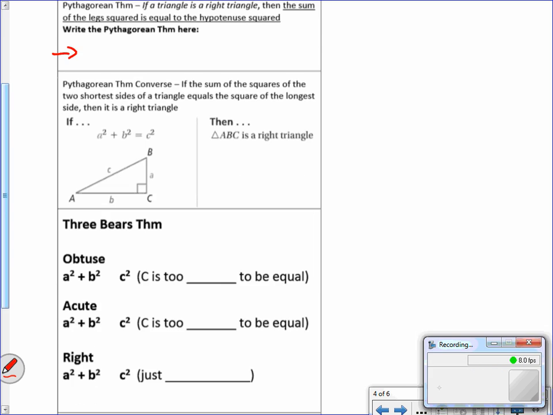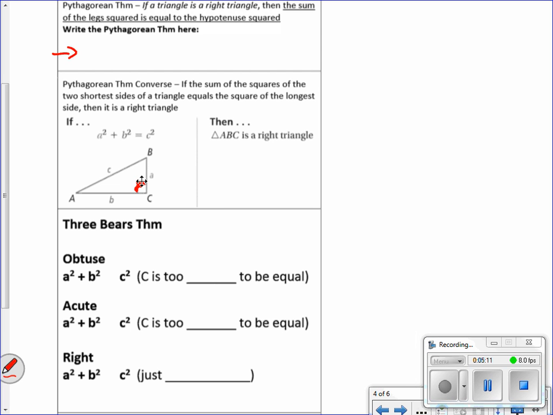Now this is the Pythagorean theorem converse. Converse means you take an if-then statement and you kind of reverse the order. So the Pythagorean theorem says, if the triangle is a right triangle, then it says something about its sides. In this converse, it says, if you have certain sides that do something special, then it's a right triangle. So basically, suppose I didn't know that this was a right angle.